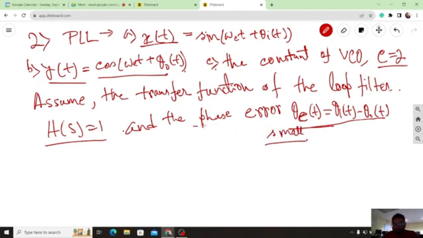So the phase error is very small, that is the key part here. The input is given, the output is given, and the VCO frequency is also omega c.